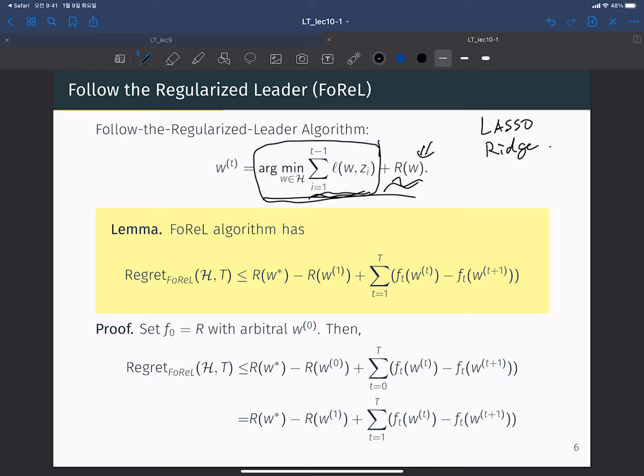Lasso regression introduces an additional L1 regularization term, and ridge regression introduces an L2 regularization term, so that our learned parameter becomes more regularized, and that reduces the generalization error, the difference between training error and test error.